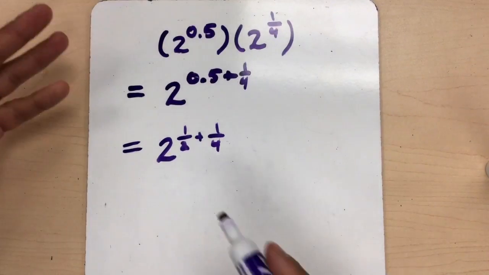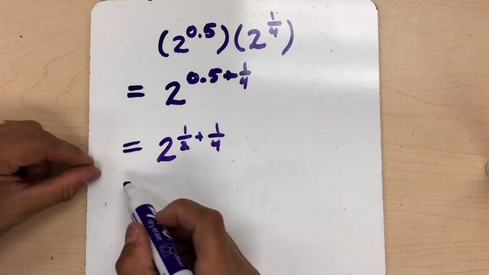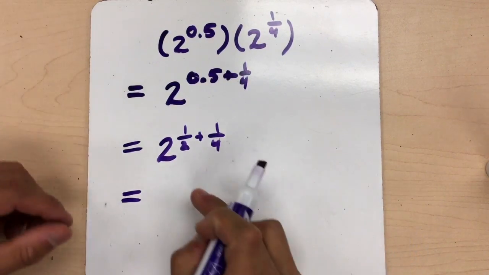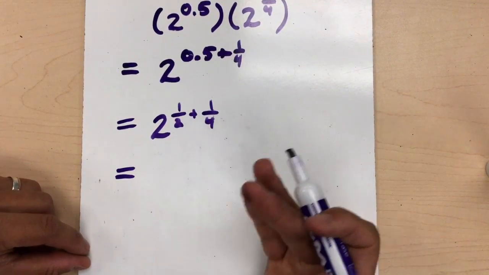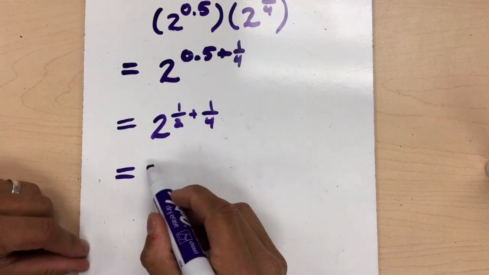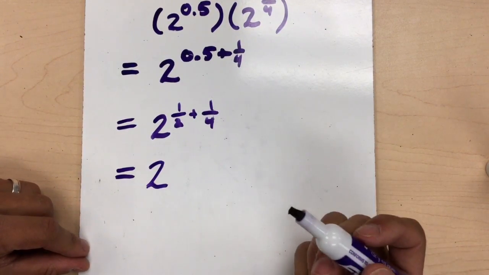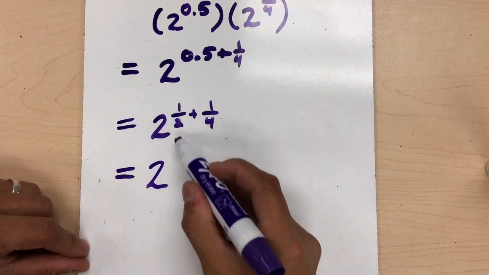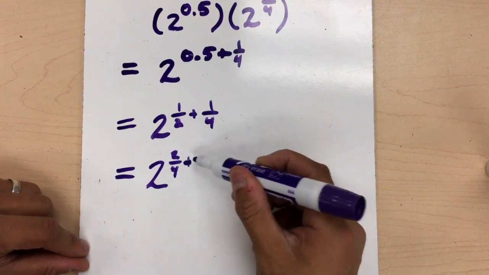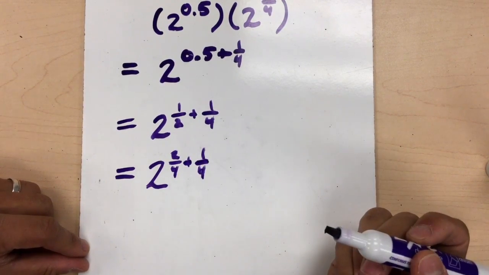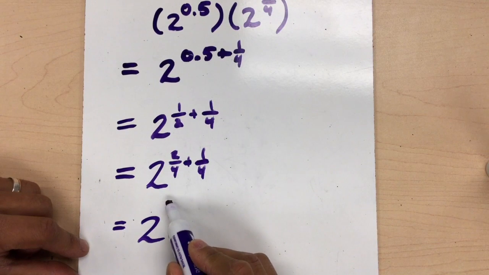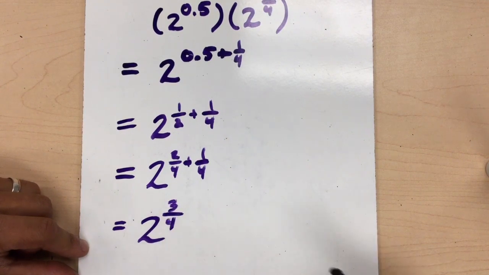Now, a question like this with these types of decimals, you should be beginning to know that if you add a half to a quarter, you're going to have 3/4. But if not, and you have to go through that process, it's totally fine. So I'm going to write it out the long way. So 1/2 we converted to 2/4 plus 1/4 is equal to 3/4.